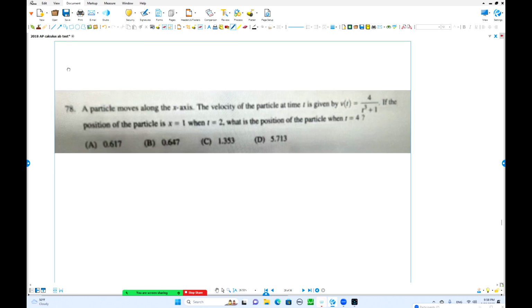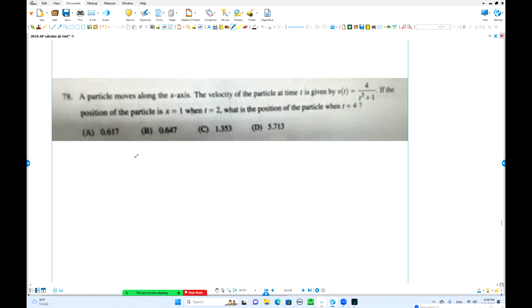Number 78. A particle moves along the x-axis, okay, the horizontal, right? Not the y-axis. The velocity of the particle at time t is 4 over t cubed plus 1. That's correct, right? t cubed plus 1.